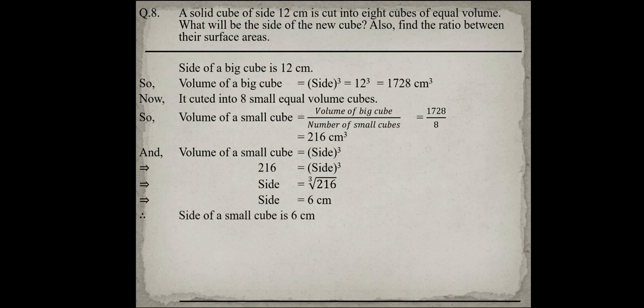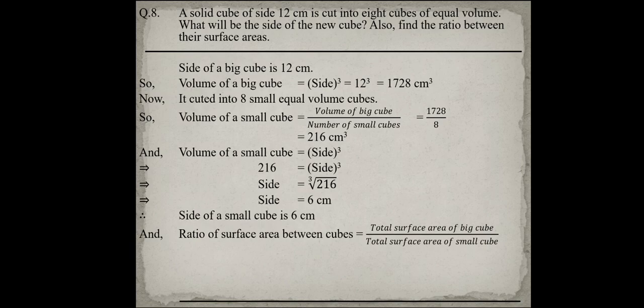Now the ratio of the big cube upon the small cube, or you can say the old cube upon the new cube, is equal to the total surface area of the big cube upon the total surface area of the small cube, equals 6 into 12 centimeter square upon 6 into 6 centimeter square. 6 into 12 into 12 upon 6 into 6 into 6 is equal to 4 upon 1.